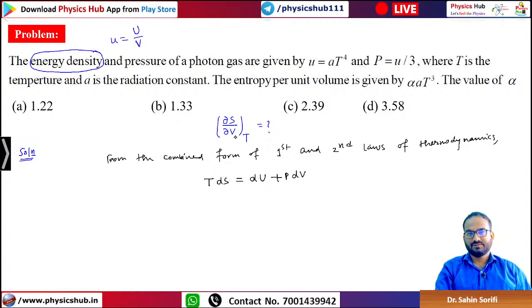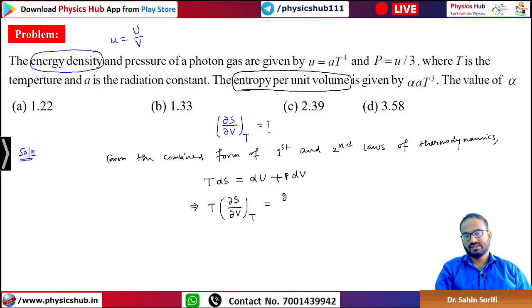If you want to calculate the entropy per unit volume, what can we do here? If I take the derivative with respect to V, keeping T constant, what can you write? T times, you see, S is no longer a function of a single variable. As other variables are also involved, we will write del S by del V at constant T, treating T to be constant.